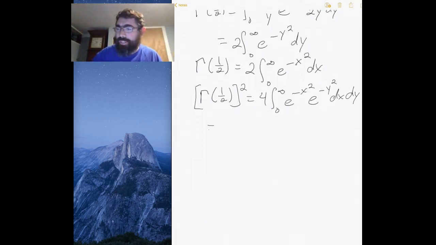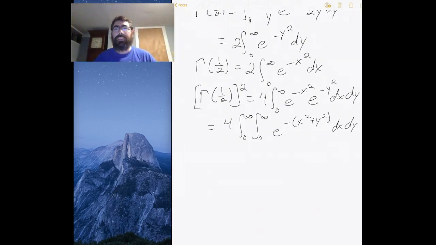Okay, so now I've got 4 times this double integral, e to the minus x squared plus y squared dx dy. That's interesting because x squared plus y squared is equal to r squared if we change over into polar coordinates.